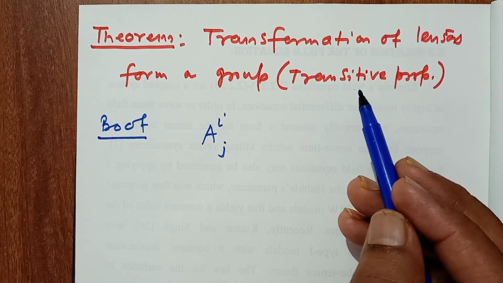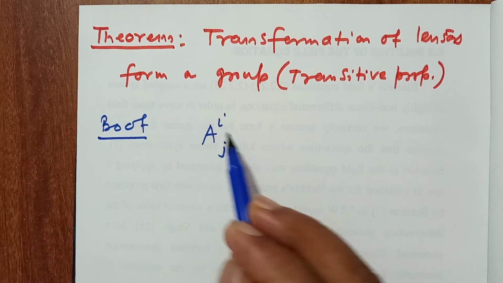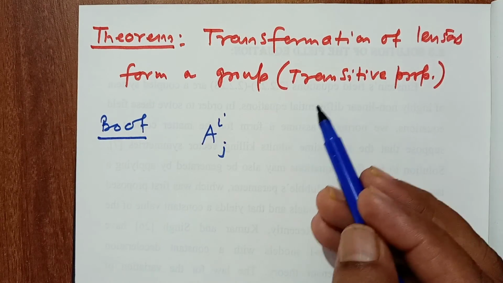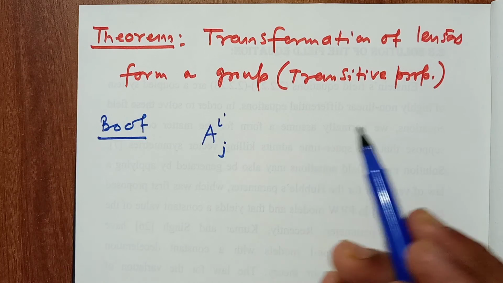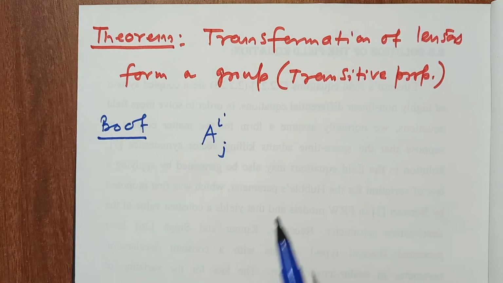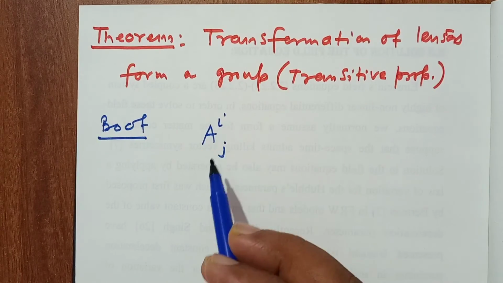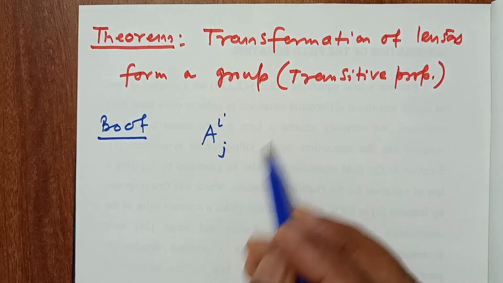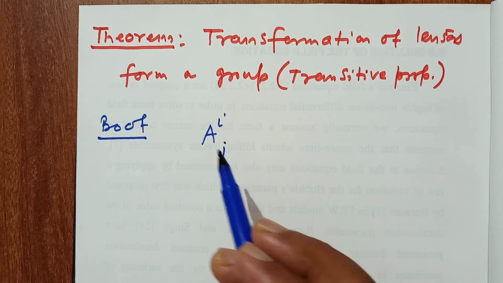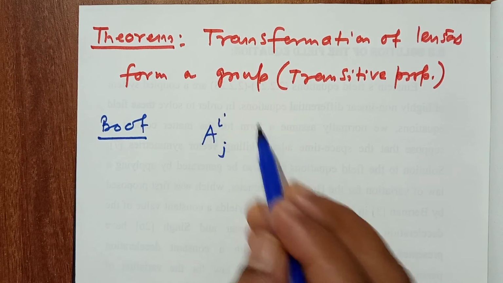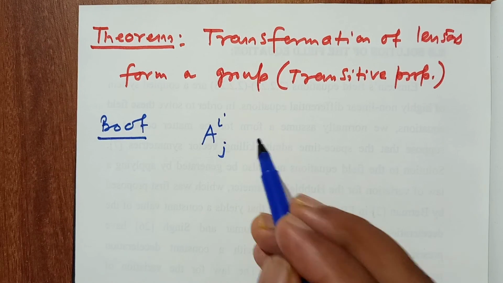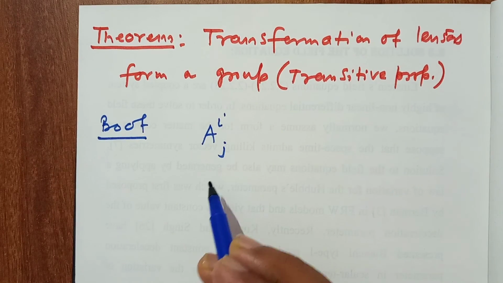You can explain it for a mixed tensor, a contravariant tensor of rank 2, or a covariant tensor of rank 2. Here I want to explain it for a mixed tensor. So we consider a mixed tensor A i j in the coordinate system x i.